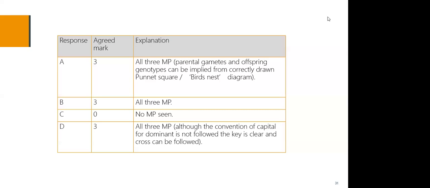So the first response was given 3 marks. They've got parental gametes and offspring genotypes correct in the diagram. And it was taken that it could be inferred which genotypes applied to which phenotypes from the diagram that had been drawn. So that was given all 3 marking points.